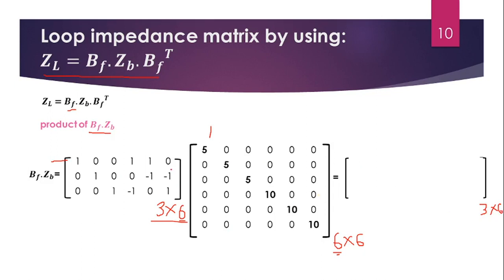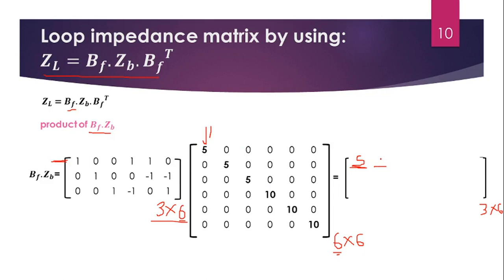And how can we do the multiplication? First row into first column, addition of their elements, gives the first element of the resultant matrix. So 1 into 5, 0 into 0, 0 into 0, 1 into 0, 0 into 0, 0 into 0. So we find here that 5. In the same way, first row, second column gives the second element of the resultant matrix.